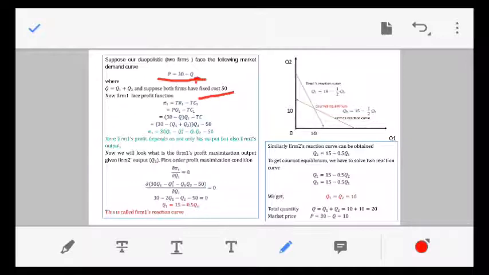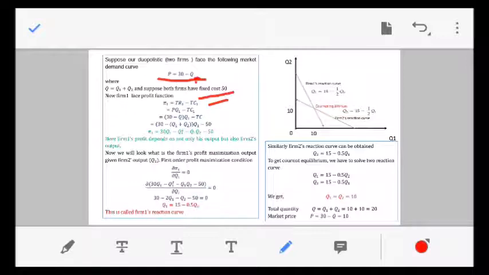So farm 1's profit function would be the difference between total revenue and total cost. Pi 1 means profit of farm 1. It is farm 1's revenue minus farm 1's cost.